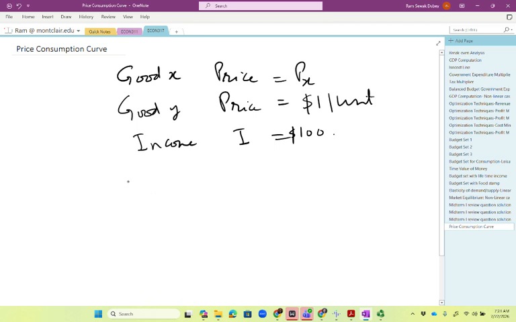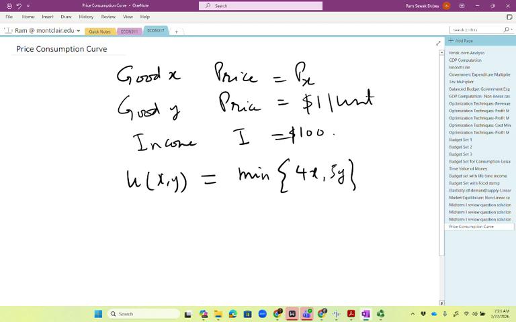For the price consumption curve, I also need the choice made by the consumer while maximizing the utility. So I need to write down the utility function of the two goods. Let's assume the Leontief utility function, which is the minimum of 4x and 5y.